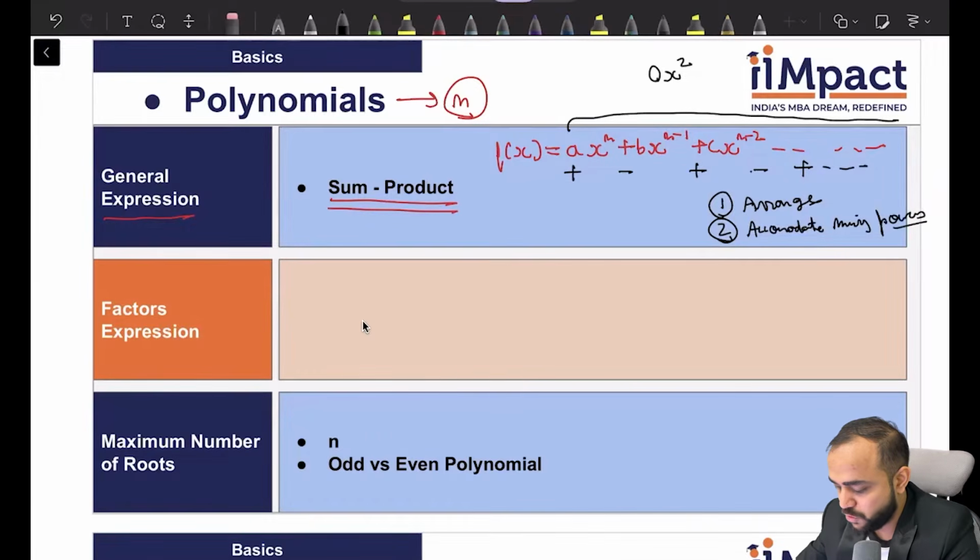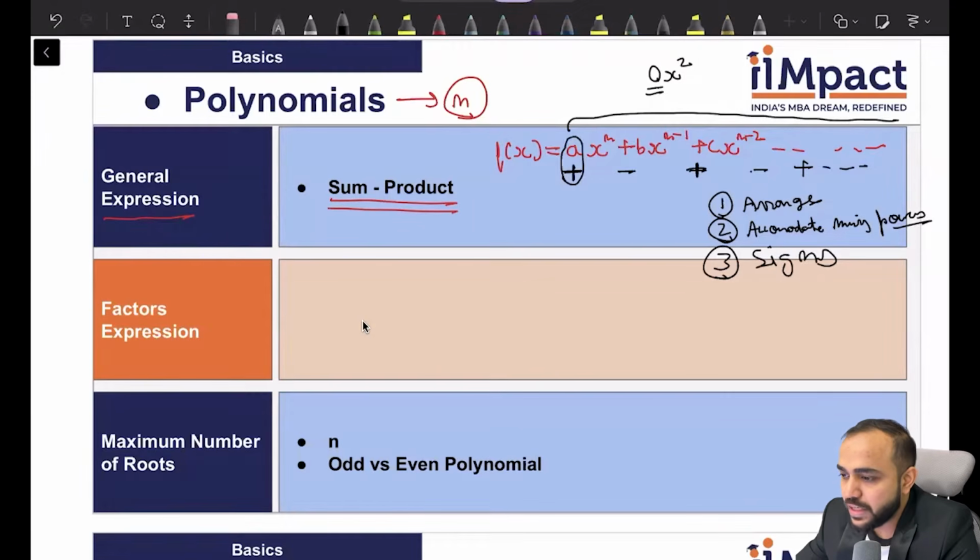This is your step number 2. Your step number 3 is sign distribution. Once you have arranged them in decreasing order of their powers, and you have accommodated for the missing powers by giving a zero coefficient to that, then you will start giving the signs, starting with plus with the first one.